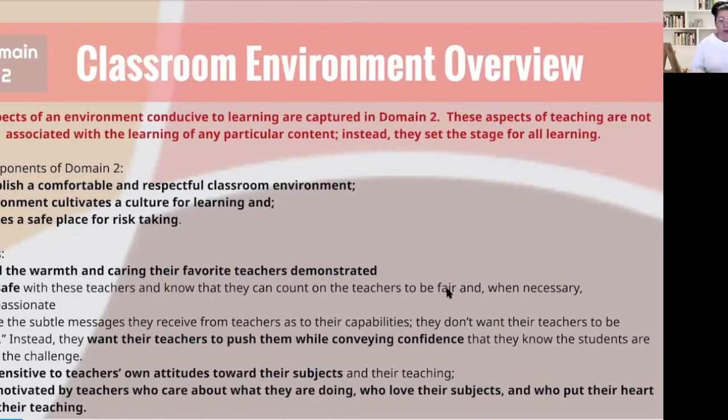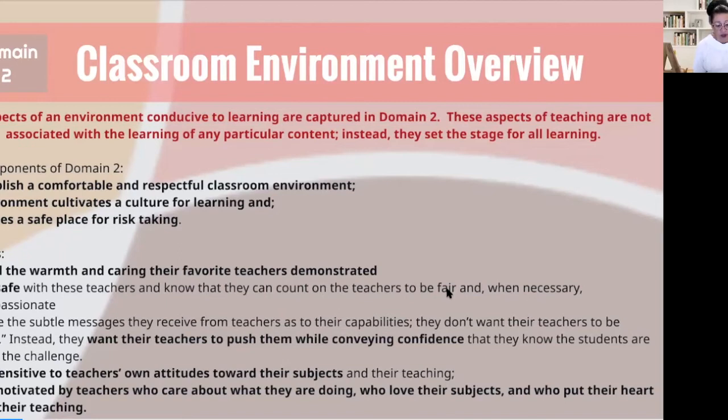In this example, we're giving you a few indicators of what students are able to do when the environment is safe, when it cultivates a culture for learning, and when it is comfortable and respectful, an environment that's comfortable and respectful for both the teacher and the student.